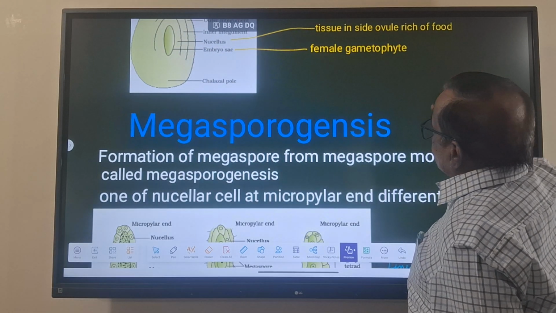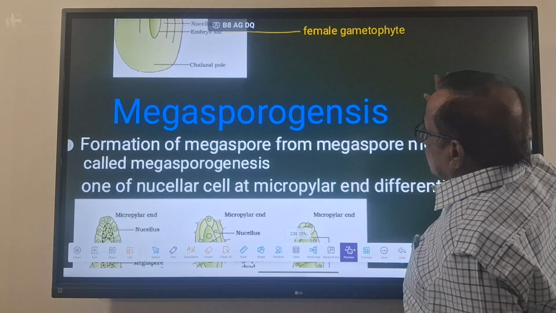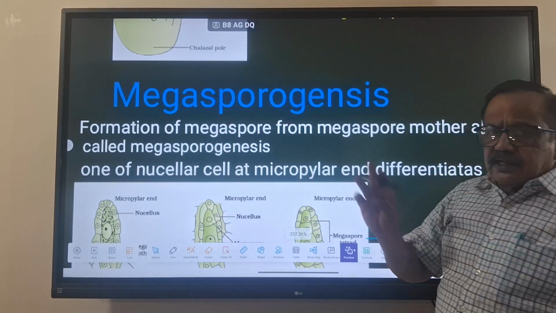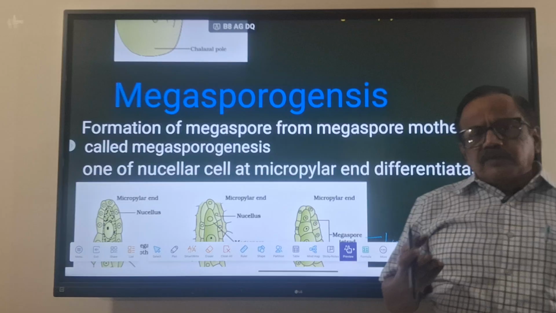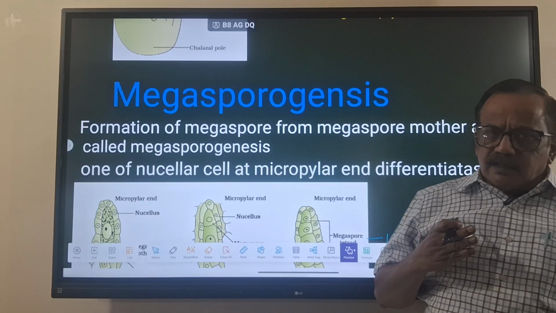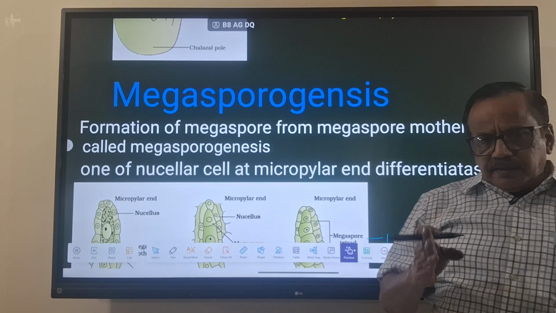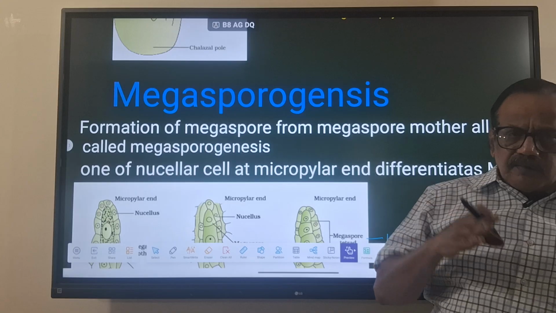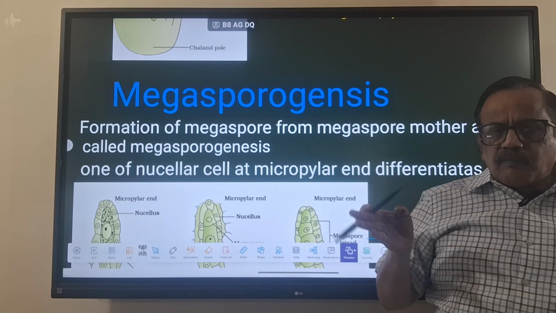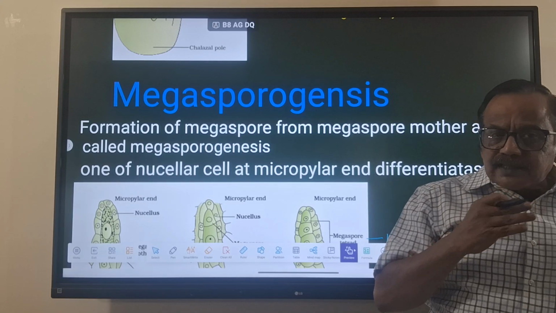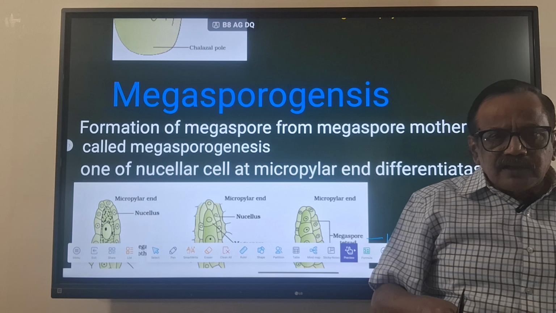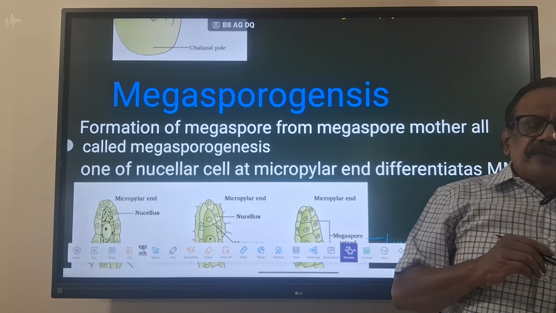Megasporogenesis is over. What does the ovule have? It has the funicle, the hilum, the integuments, and the micropyle, and inside the nucellus cells it will have the female gametophyte.